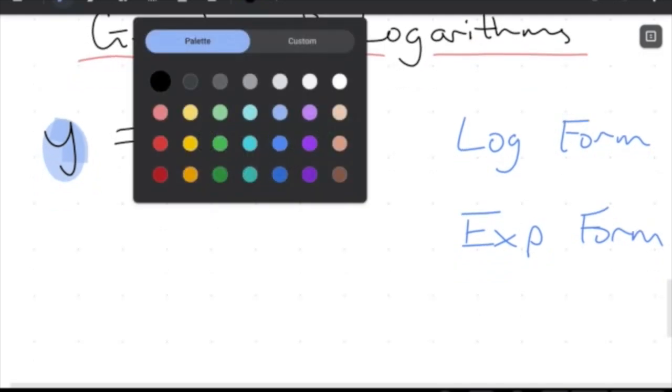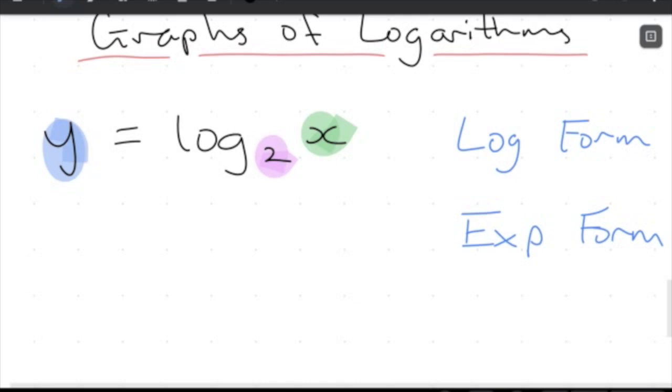We learned from the last video that we can write this as my base 2 to the power of y, because this is my power and my base is the 2, equals x. All I've done here is rearrange. My answer goes over here, my power goes up here, and my base goes over here. So I've just rearranged this from log form to exponential form.